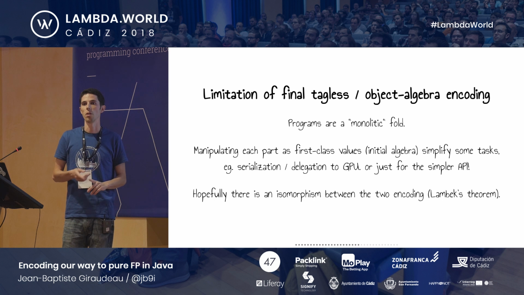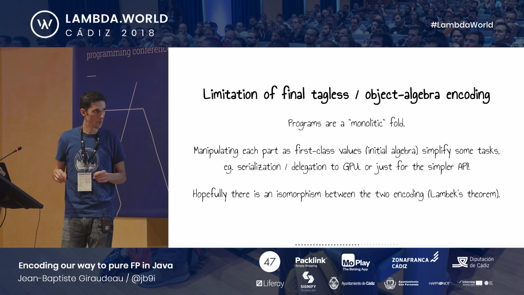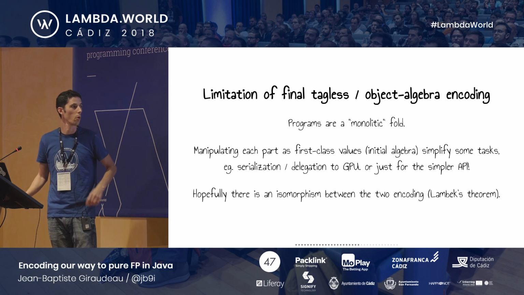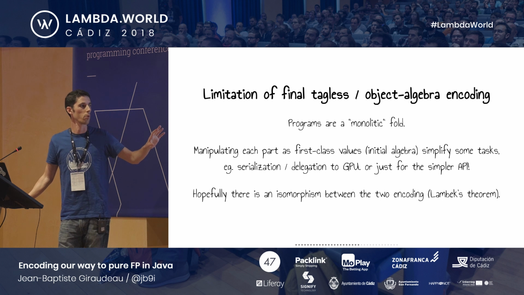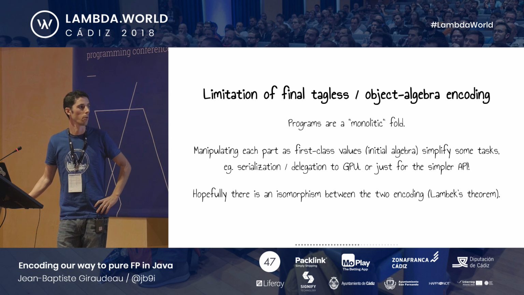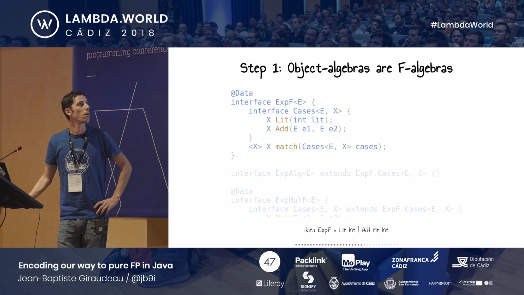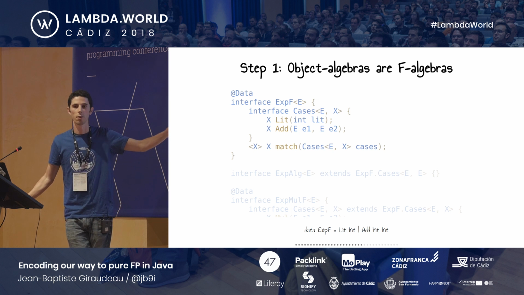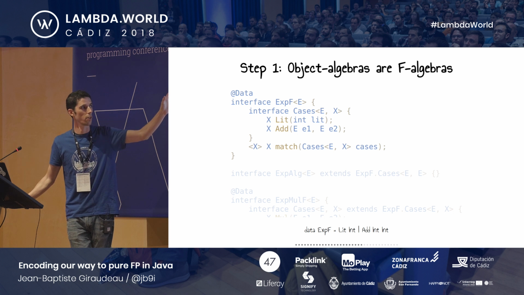For that, you need an initial algebra, but hopefully there is an isomorphism between the two. So I will present one way to get this isomorphism. Step one, we introduce F-algebra. In fact, object algebras are F-algebras, but a special case of F-algebra.